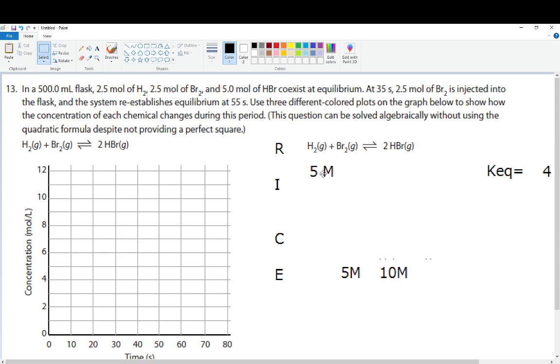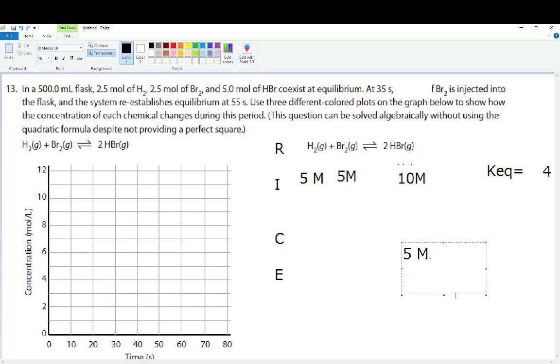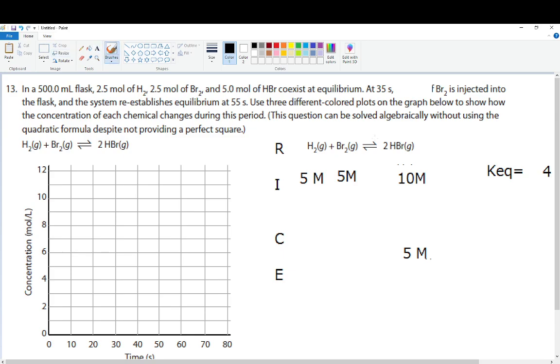initial amounts because we've already reached equilibrium, and they tell me they've added some more Br2, and they tell me they've added 2.5 moles, not molarity. When I divide that by 0.5, it's 5. They've added 5 moles, which means after it's reached equilibrium, I've then added 5 more moles of Br2 right here.